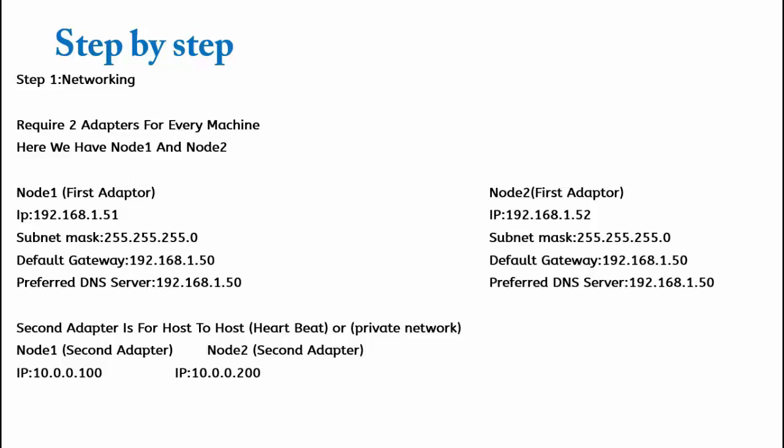We use it for that communication, and we can call it a heartbeat or private network, and the first adapter is the public network. The private network IP addresses are 10.0.0.100 and 10.0.0.200. Only the IP needs to be configured, nothing else.